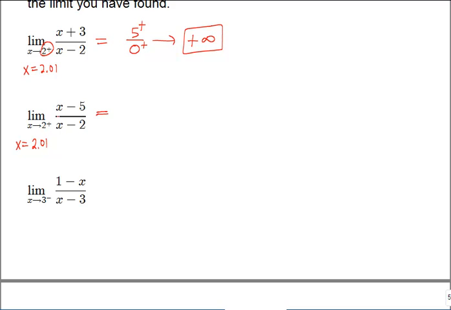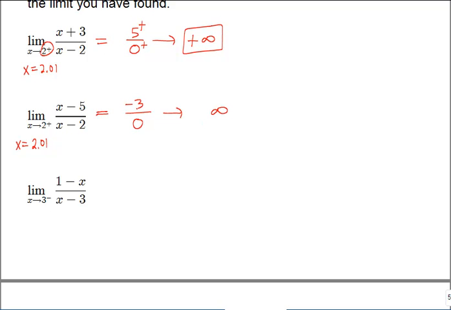If I plug in 2, 2 minus 5 would be negative 3 on the top. 2 minus 2 would be 0 on the bottom. So obviously the top is negative. It's the bottom that we're interested in. We know that this is going to go to some kind of an infinity because a constant divided by 0 does become infinite. It's just a matter of whether this is plus or minus infinity.